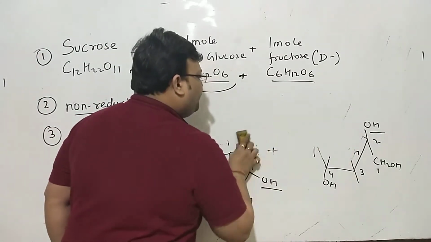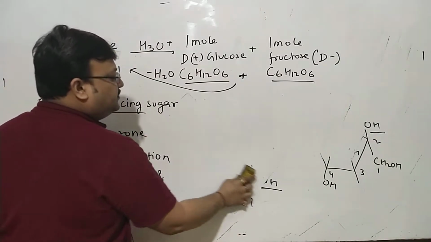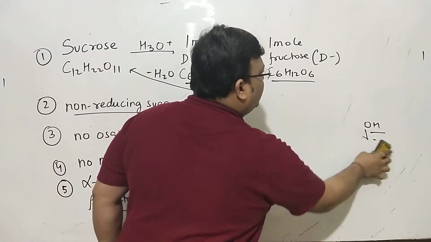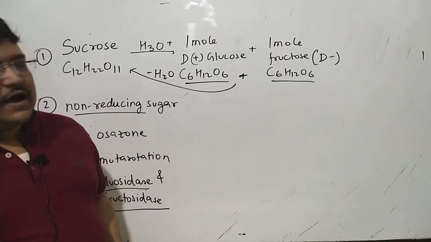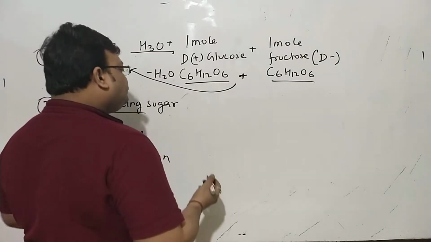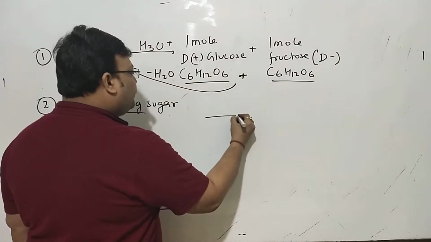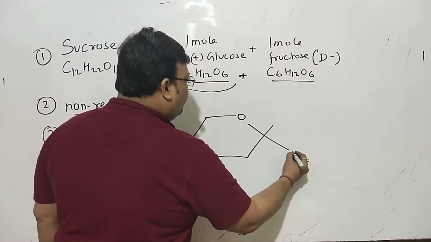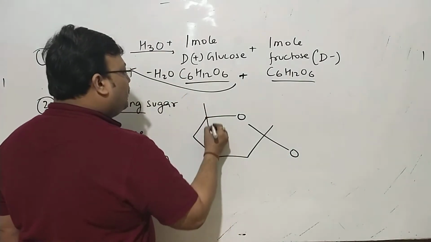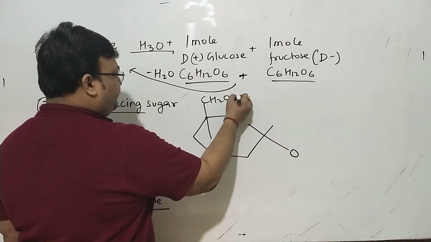I'll give you a bigger view. I'll want to draw sucrose using carbon 1 of glucose and carbon 2 of fructose. Carbon 1 of glucose, and I'll want it to be below because this is above.